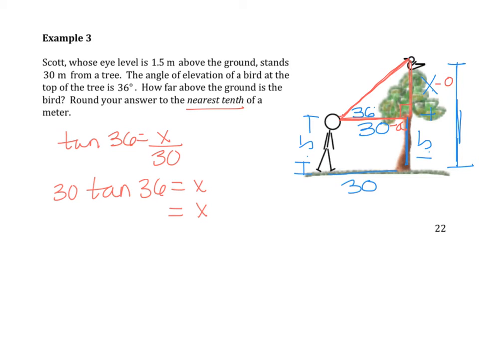Awesome job if you got 21.8. Okay, so 21.8 gets added to 1.5 because it's how far above the ground the bird is.